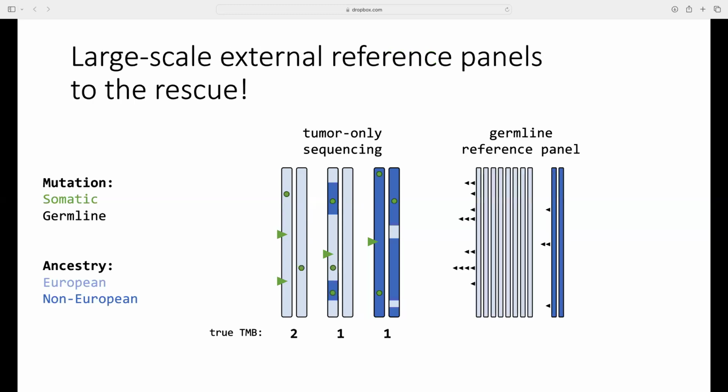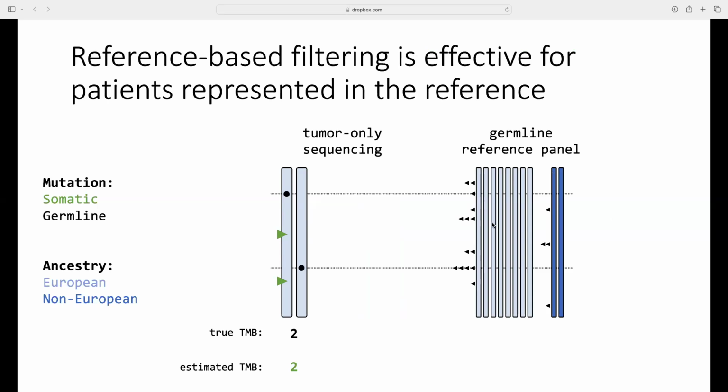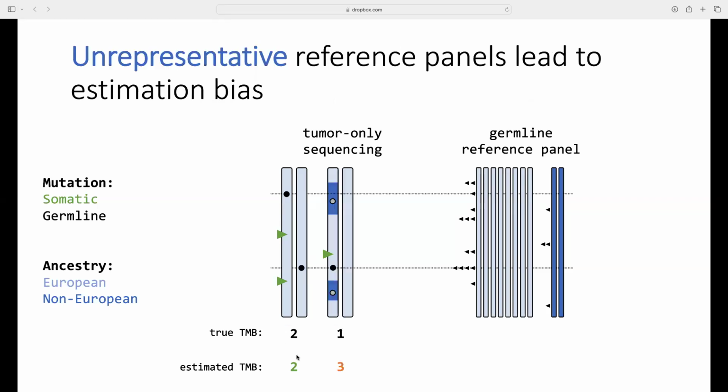Now, when we bring in a germline reference panel which is overrepresented for one population, this works quite well for the European ancestry individual. It's able to spot that this mutation and this mutation are present in the reference panel, exclude them, and give an accurate estimate of their TMB.